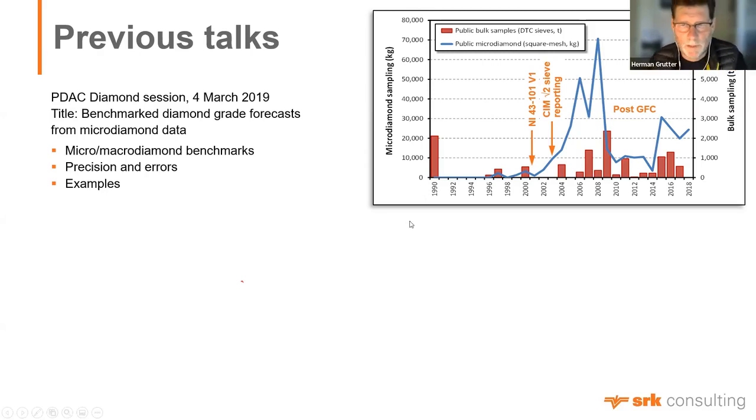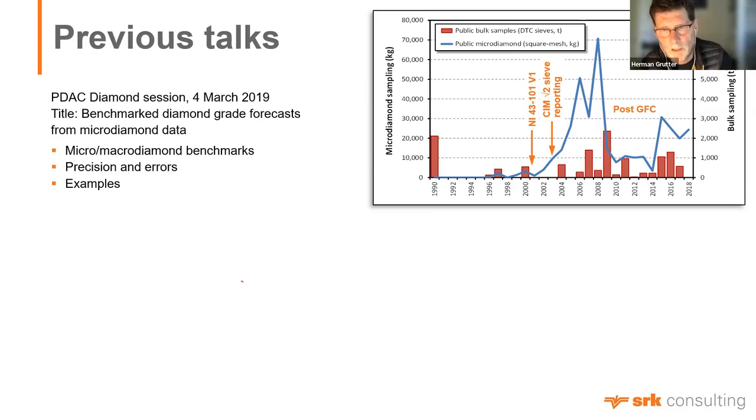And it's an important graph to bear in mind when you start talking about microdiamonds. In 2001, National Instrument 43-101 in Canada, version 1 of that instrument, came into effect as a result of the Bre-X gold scam, which was perpetrated by way of the Vancouver Stock Exchange at that point in time.